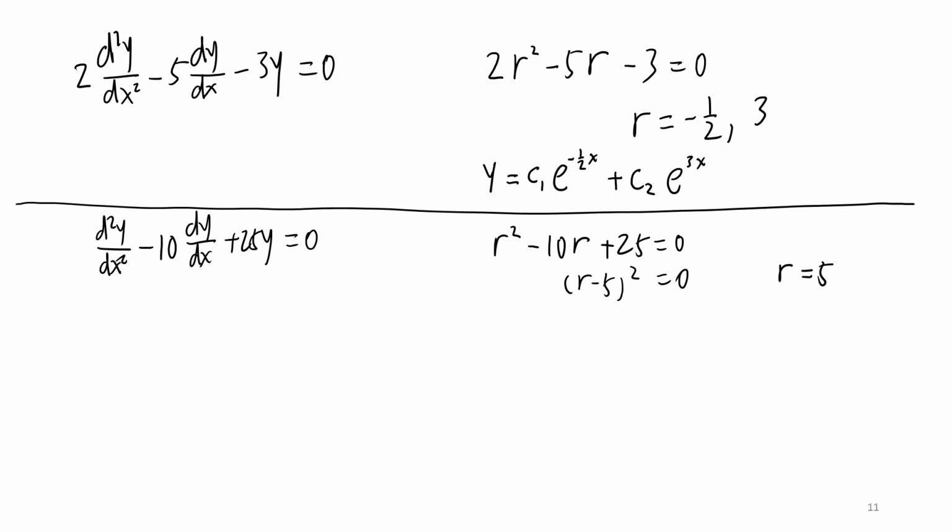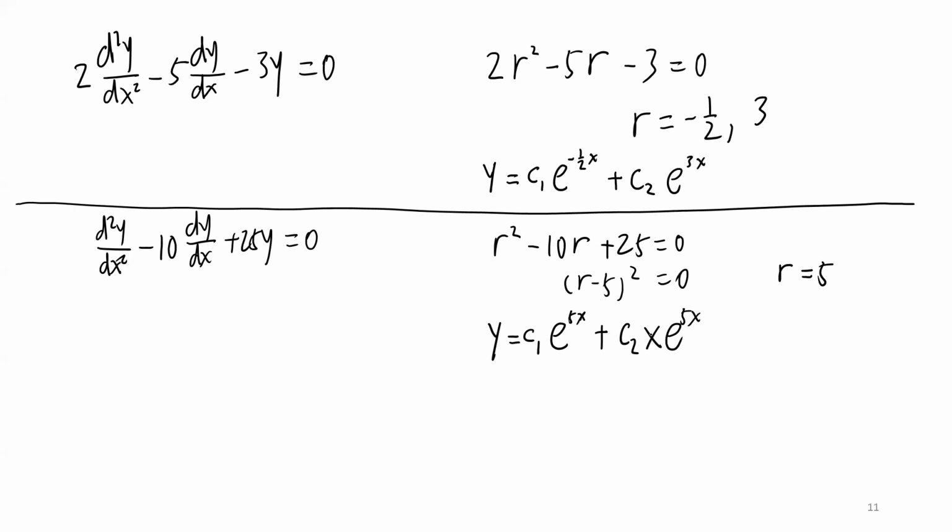And remember, for repeated roots, there's a little bit of a trick we need to do. The solution is given by y equals C1 e to the 5x plus C2, also with e to the 5x, but I need to multiply by x.